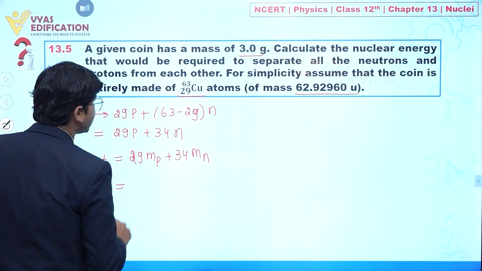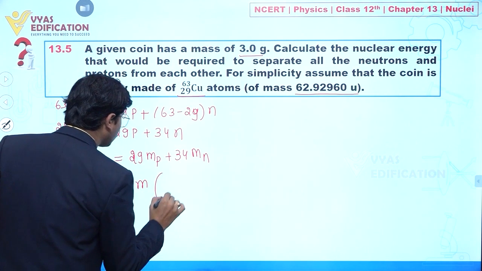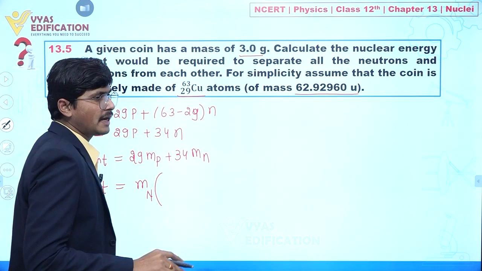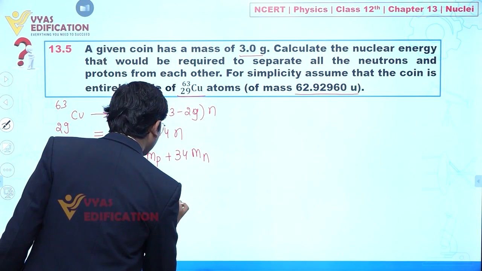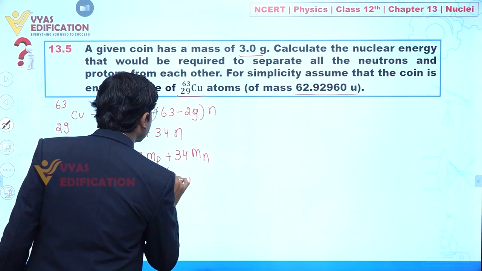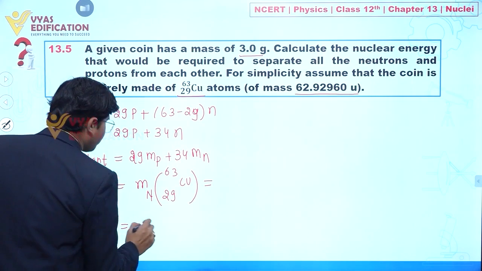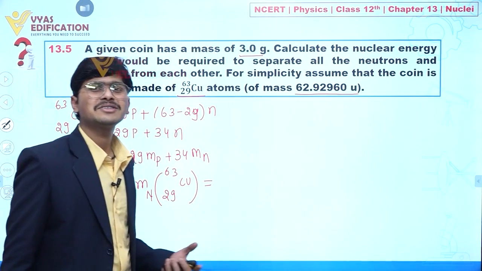Mass of product that I am getting, directly you can say this is equal to the atomic mass, but actually you need the mass of the nucleus that is formed. So the mass of the nucleus of copper 63 with 29 protons. And how can we get it? If you want to find the mass of the nucleus, definitely you have to subtract the mass of electrons.